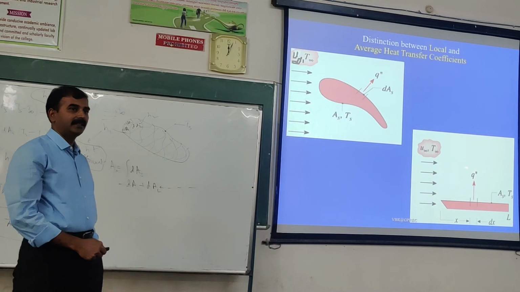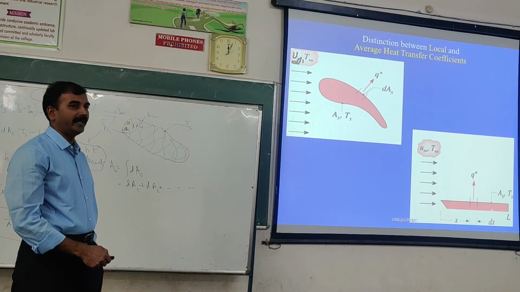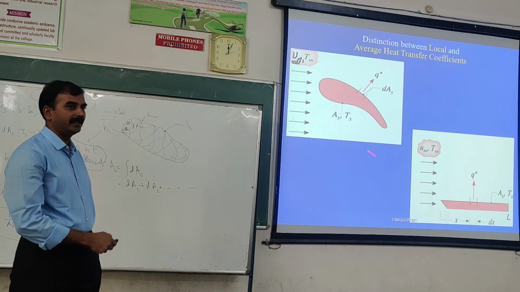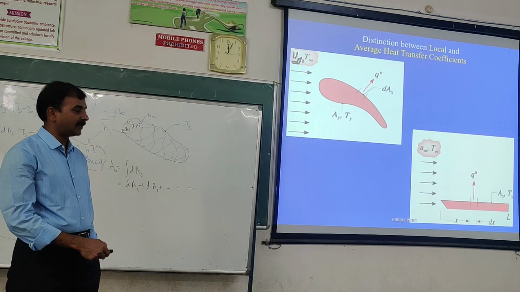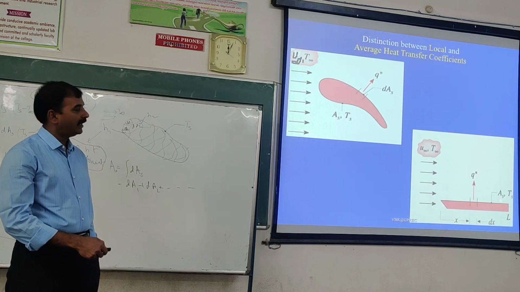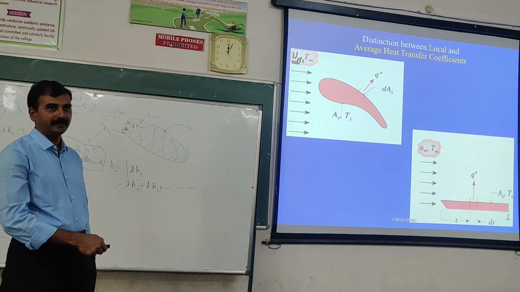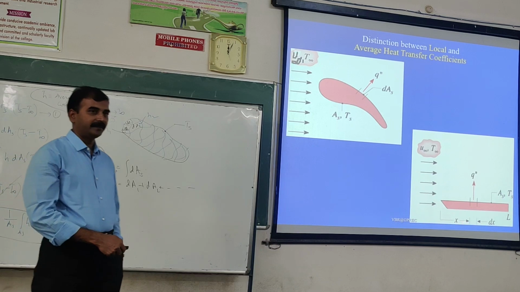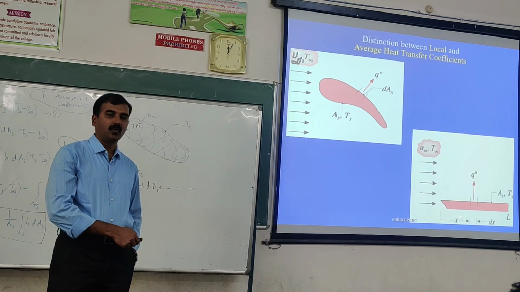Now look at this. This object is a flat plate. This is an arbitrarily shaped body. This is a structured body. It's a flat plate of length L and uniform width. Let's say the width is 1 meter. Right? Please make a note, as shown in figure 2.